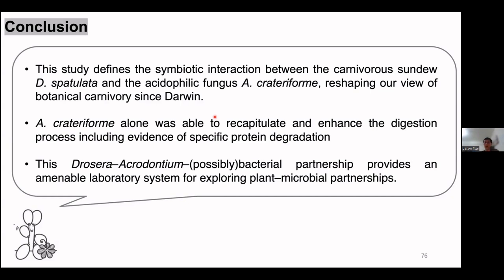The Drosera Aquodontium system, potentially involving bacteria, offers a quite nice laboratory model for detangling the very complex plant-microbial relationship, and hopefully is paving the way for more exciting research results.